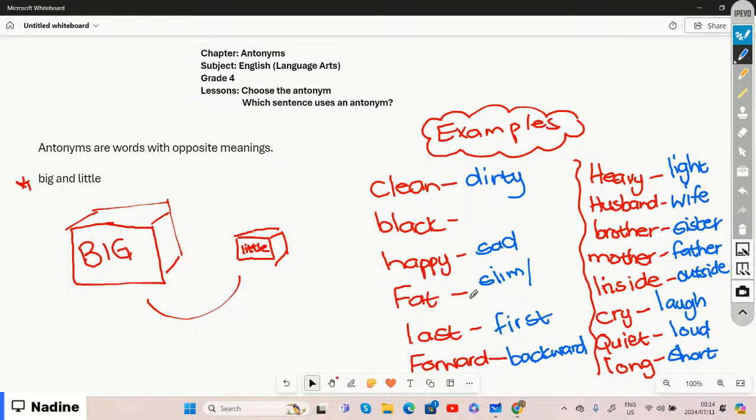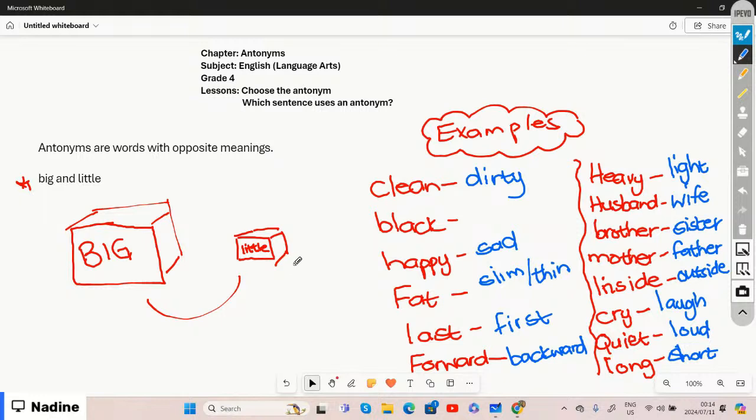So far we have the opposite of clean is dirty, and the opposite of happy is sad. The opposite of fat is slim, or another word for slim is what? Yes, thin. Well done.